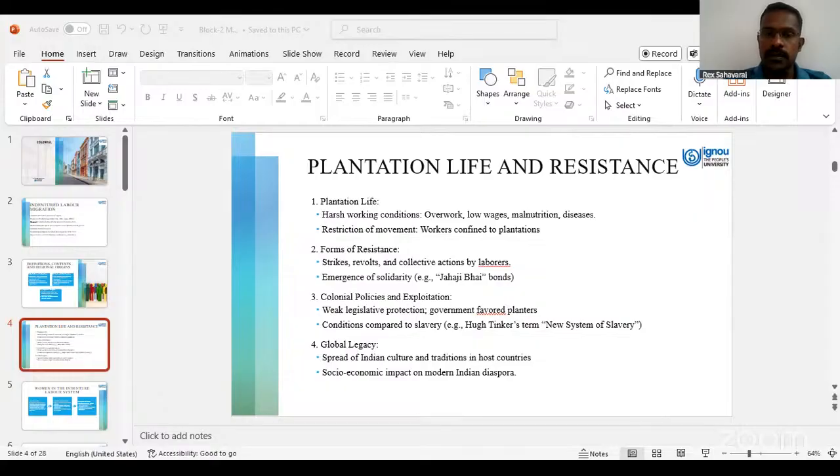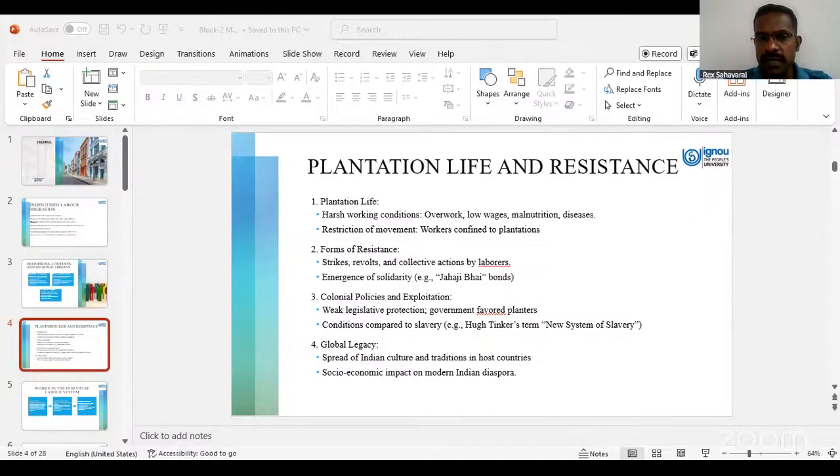During the British period, I have to repay that 50,000, so I will work until I repay it, right? And there is no proper record stating that he has paid 50,000. So they will do some kind of malpractice and ask them to pay extra, and all those things will happen. So there is a restriction of movement, with workers confined to plantations, right?